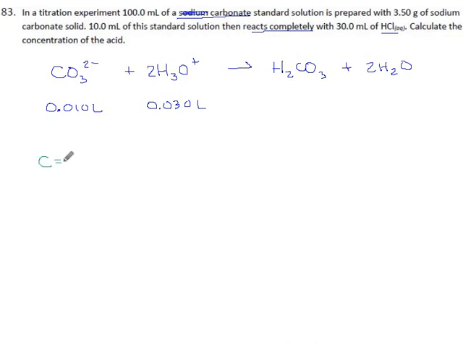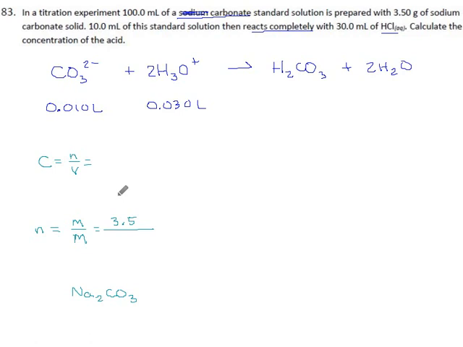We could get our concentration because it's number of moles divided by volume, and we can get a number of moles because it's mass divided by molar mass. So, mass, 3.5 grams. Molar mass, it's sodium carbonate, which is Na2CO3. So, 22.99 for sodium, double that.